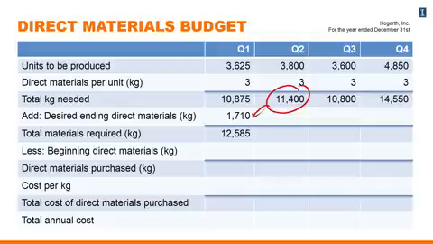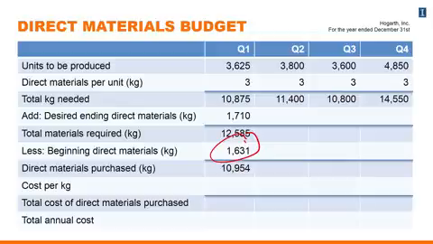So the total kilograms needed during quarter 1 is the 10,875 for the units to produce, plus the desired ending direct materials inventory, which totals 12,585 kilograms. Given that our policy was in effect in the previous year, we had some beginning inventory, similar to what we had in finished goods for our production budget. 15% of the current quarter's needs was sitting in the beginning inventory at the beginning of quarter 1.